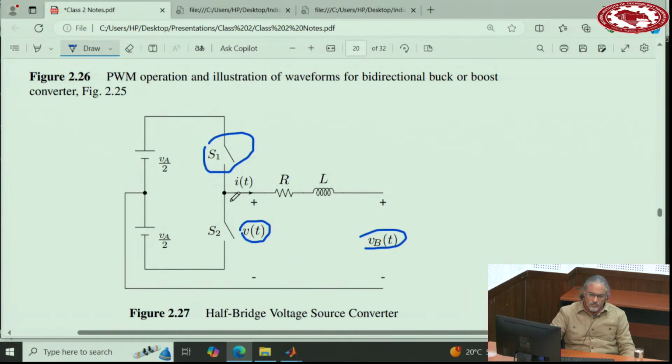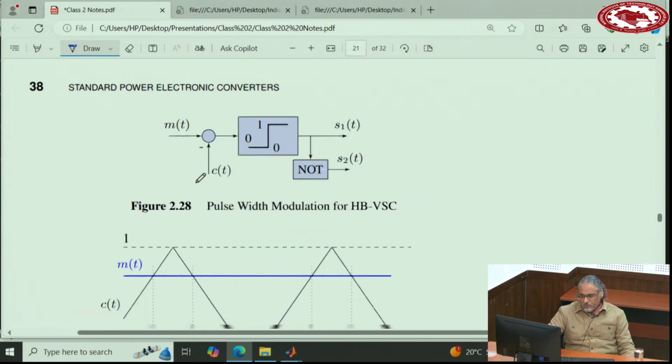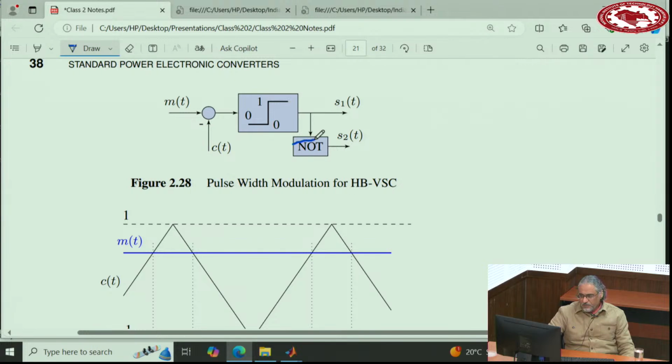So in this case, you make sure that you never turn on both switches at the same time, because otherwise you will short circuit across the two voltages, right? So you don't want to do that. In these types of structures, you never turn on both switches together. That's a requirement. Because if you do that, you short circuit this voltage source, right? Okay, so for that reason, the complement goes to S2.